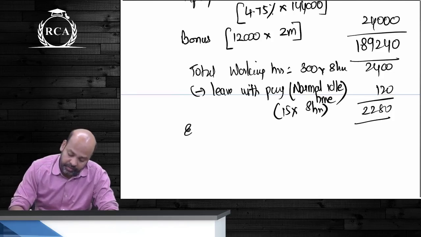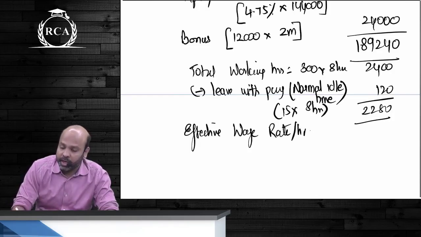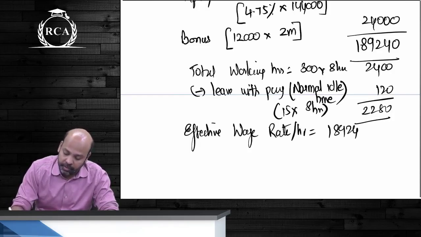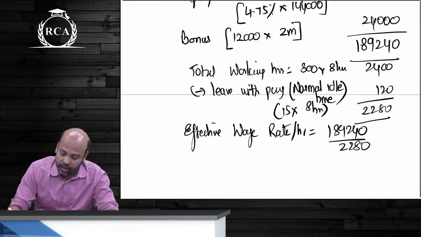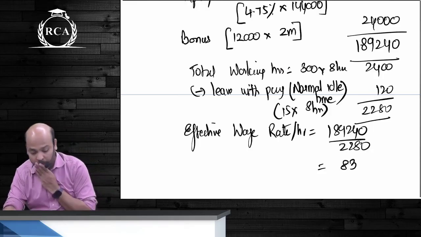How much will be the effective wage rate per hour? It will be 1,89,240 divided by 2,280. That is 83 rupees.